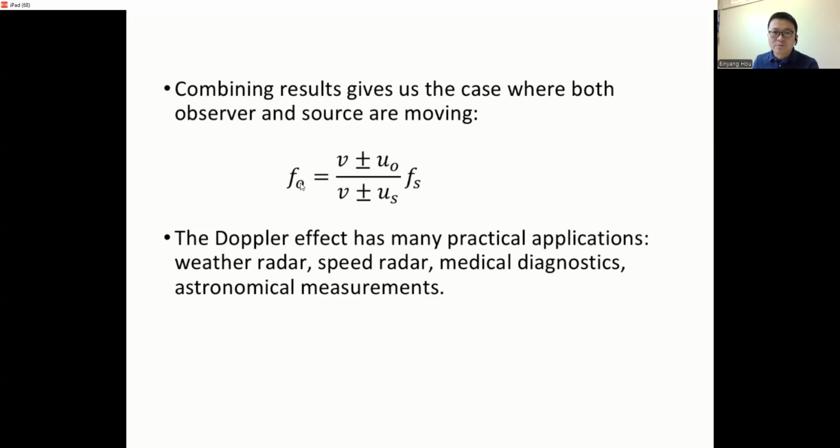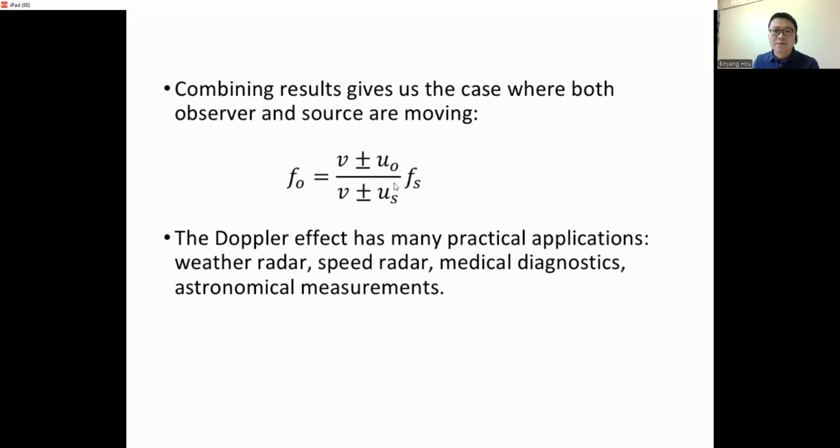So the observer, now the car or the person in the car, receives the frequency equal to v plus or minus u of o, this is the speed of the observer, over v plus or minus u of s, the source, times the frequency emitted.